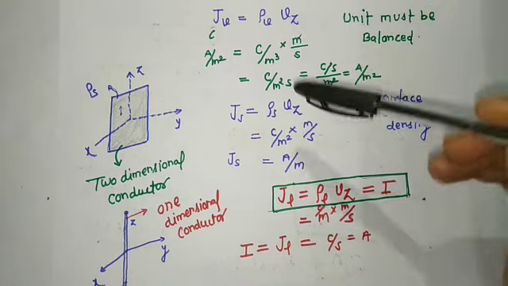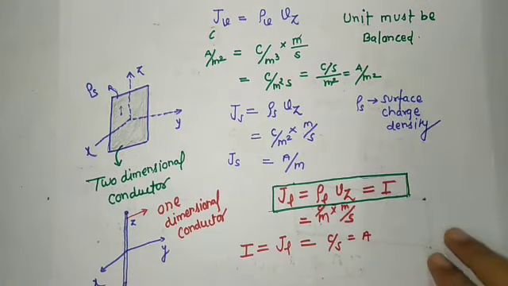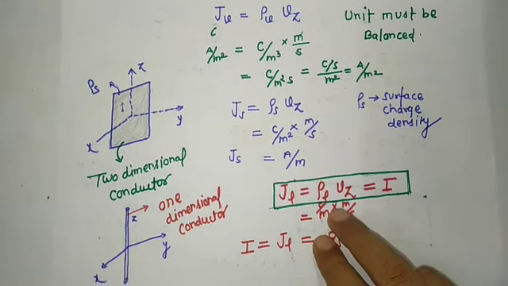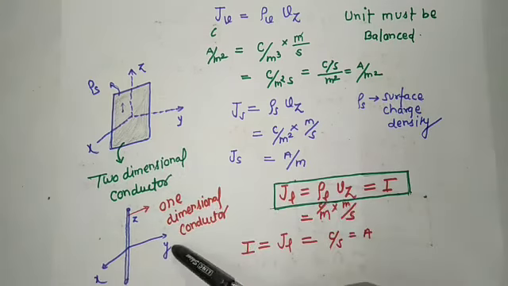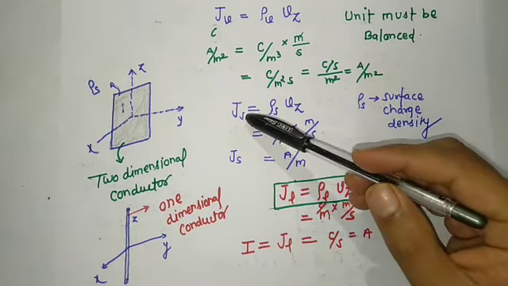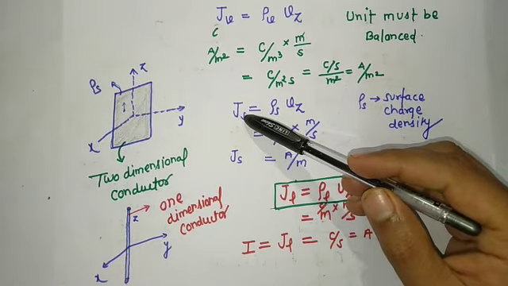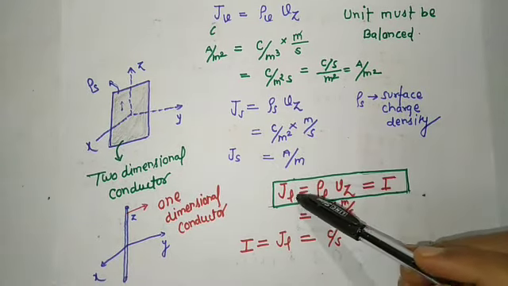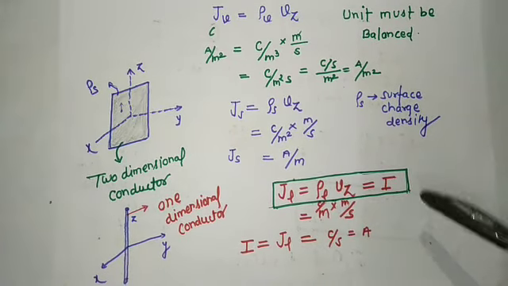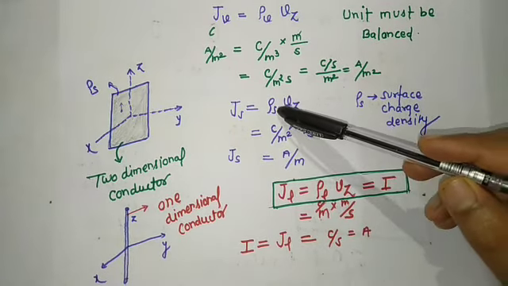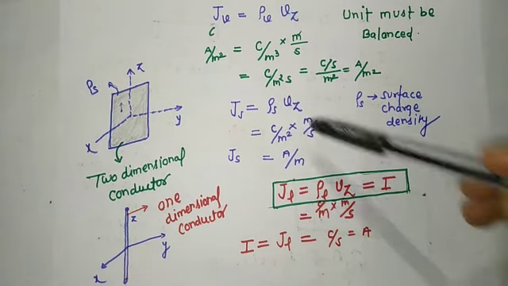And Vz is the drift velocity of the charged particle. Now assume you have a one dimensional conductor. In place of surface current density you write line current density, and in place of surface charge density you write line charge density, and Vz remains Vz.